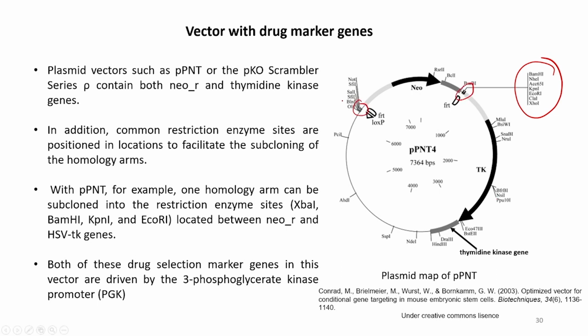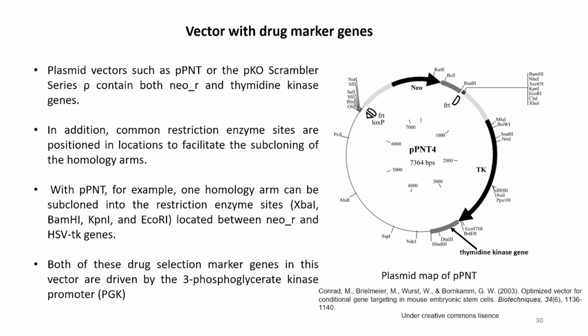Okay. So, now you have this neo located over here and TK located over here, and then this is the pPNT plasmid.